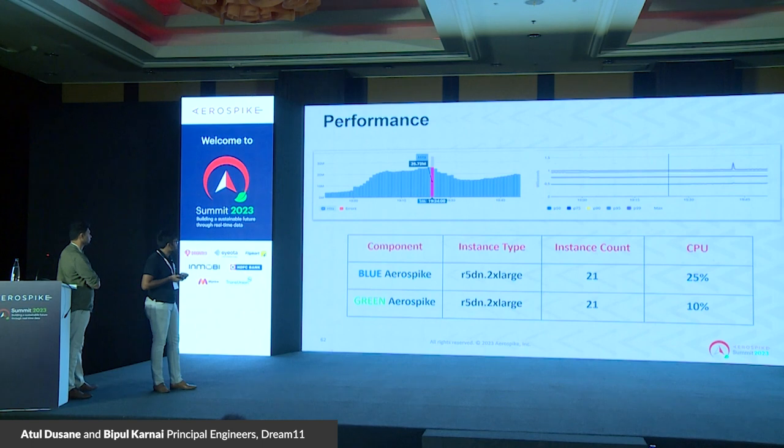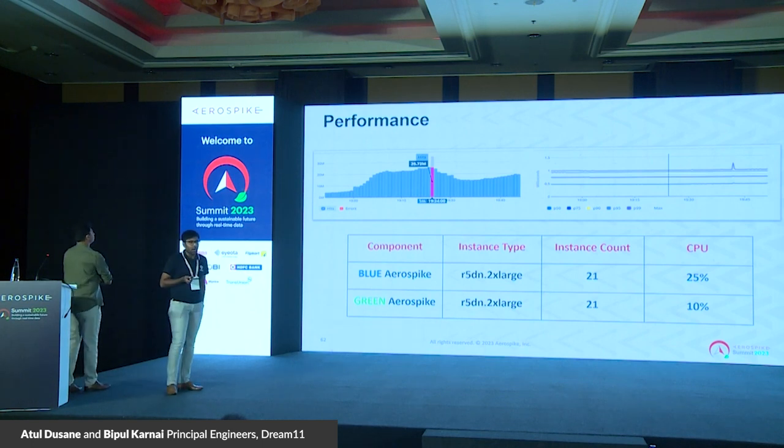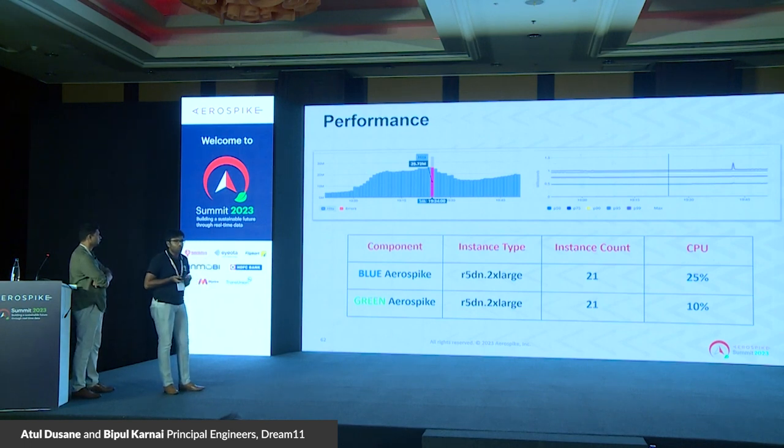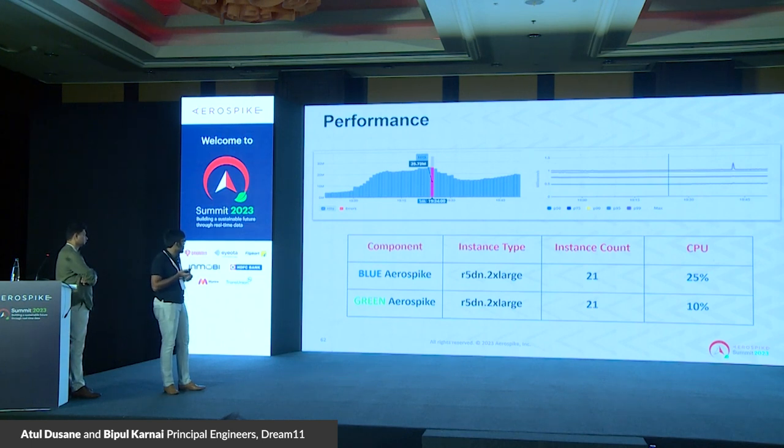This is the performance number, and this is the data from the IPL 2023 final, where we were able to serve 500,000 read TPS with 50k write TPS within a P99 of 1 ms from the Aerospike cluster, and the infrastructure which was used for it was 21 node R5DN 2X large machines.